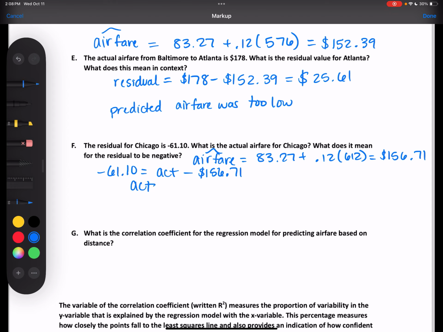And so then our actual value would be $95.61. Like I said, it was close to what the table said, but we wanted to show how to find it if hypothetically they didn't tell us what it was.